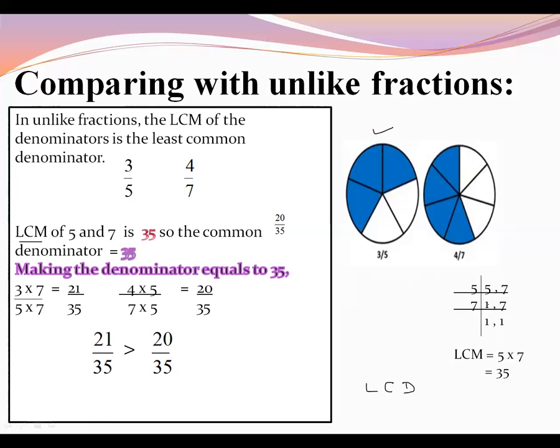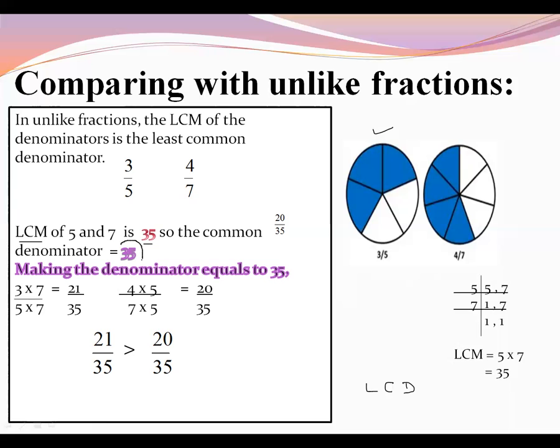Now 5 is already turned into 1, it's time to turn 7 into 1. I know very well that in the table of 7, 7 ones are 7. So after converting both of these into ones, I got 5 multiplied by 7 is 35. It means my LCM of 5 and 7 is 35. So the common denominator is 35.